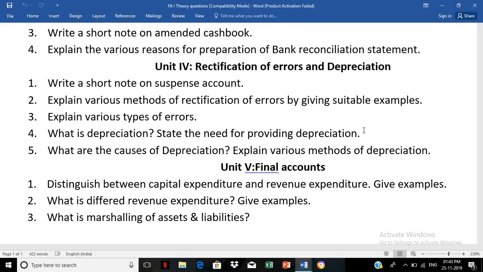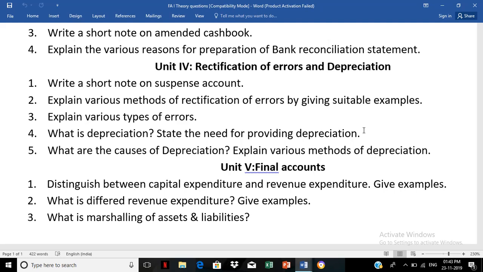Also, suspense account, what is that? One more important question in the fourth unit is types of errors with suitable examples. How many types, like omission, commission. We have to learn that because it will be there for the long as well as the short. For long, you need to write the entire part, all the types of errors with examples.